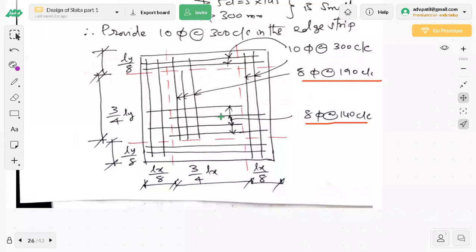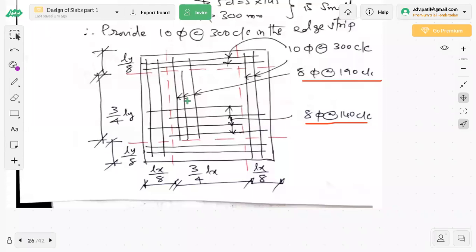See these bars, they are of same length, but one bar is there in this edge strip. The next bar is there in this edge strip. Again, you see the next bar, it is there in this edge strip, but it has not entered the edge strip of the other end. So each of these bars, they are entering in one edge strip, but at the middle strip only they end.